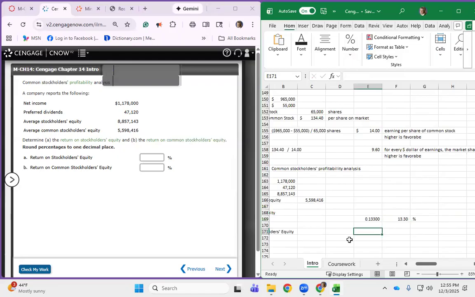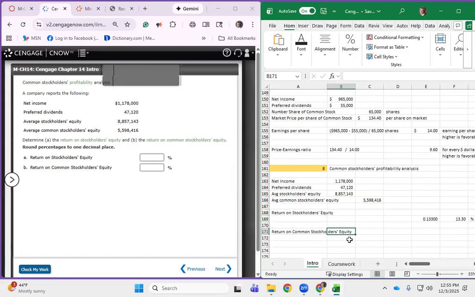Now we're going to do the same thing for the common stockholders' equity. This time we're going to take net income and subtract the preferred dividends. We're going to put that in a set of parentheses and divide by the average common stockholders' equity.